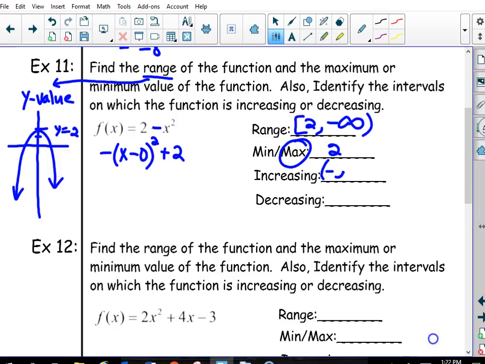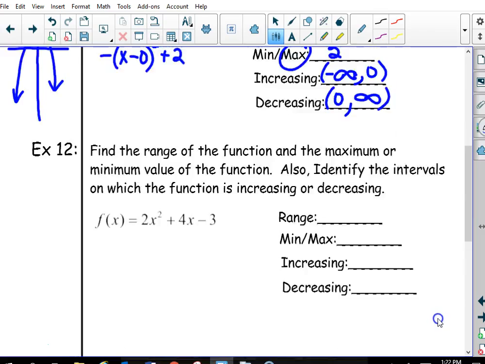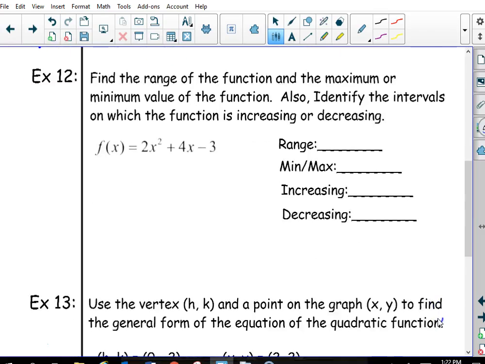So that would be -infinity to 0. Now we're talking about x coordinates. And it doesn't include that because right at 0 it gets flat. It's not increasing or decreasing. It's just turning around. And then from 0 to +infinity, we are decreasing. Let's do one more of these.